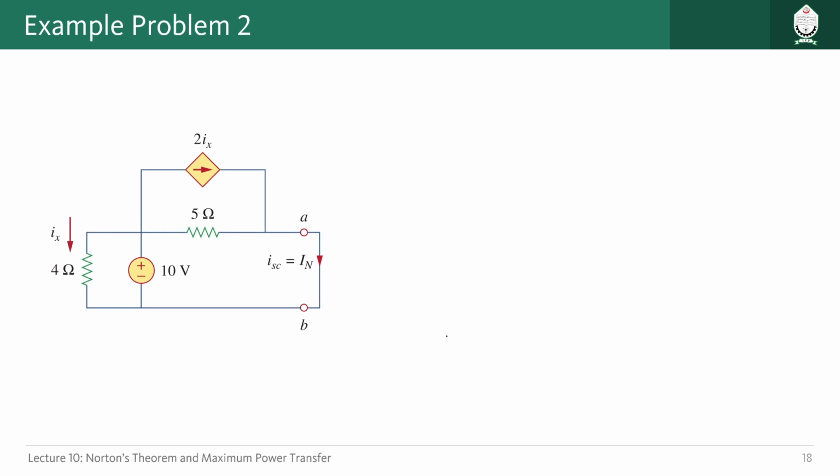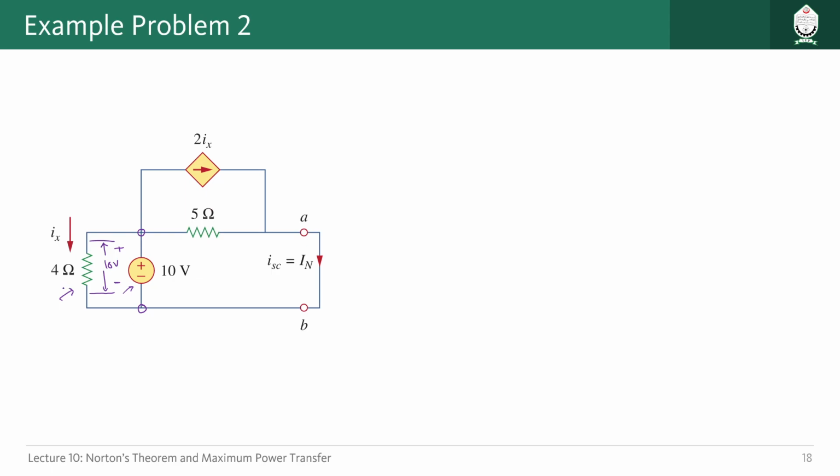So this one is a bit tricky to solve. First of all, let us think about these two nodes we have here. Between these two nodes we have this voltage source and this resistor in parallel with each other. So across the terminals of this resistor, the total voltage we get is 10 volt, because we have 10 volt in parallel with this one, and this is the positive polarity, this is the negative polarity.